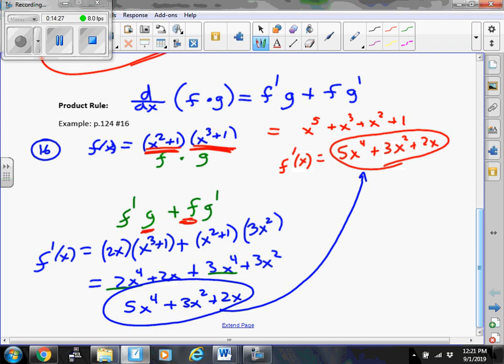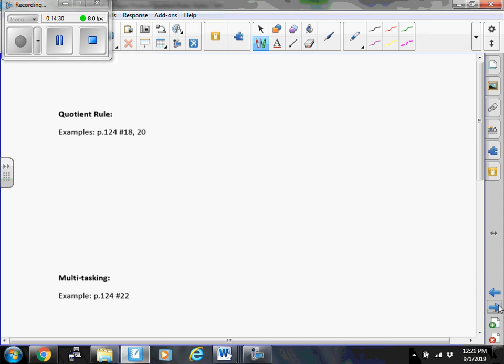The next rule you need is the quotient rule. A quotient is division, very similarly to the product, I'm going to be doing a fig-e approach. It's slightly different though. The rule is you take the derivative of the first times the bottom, subtract.